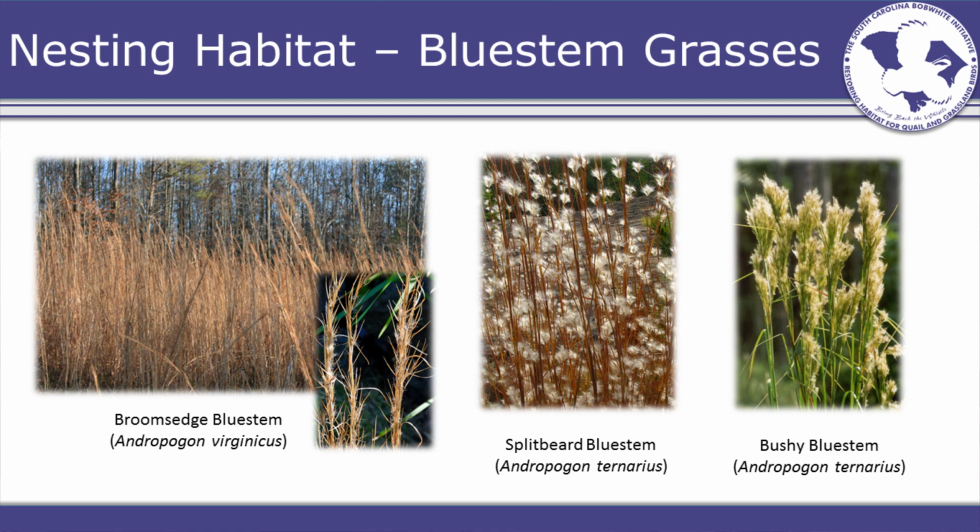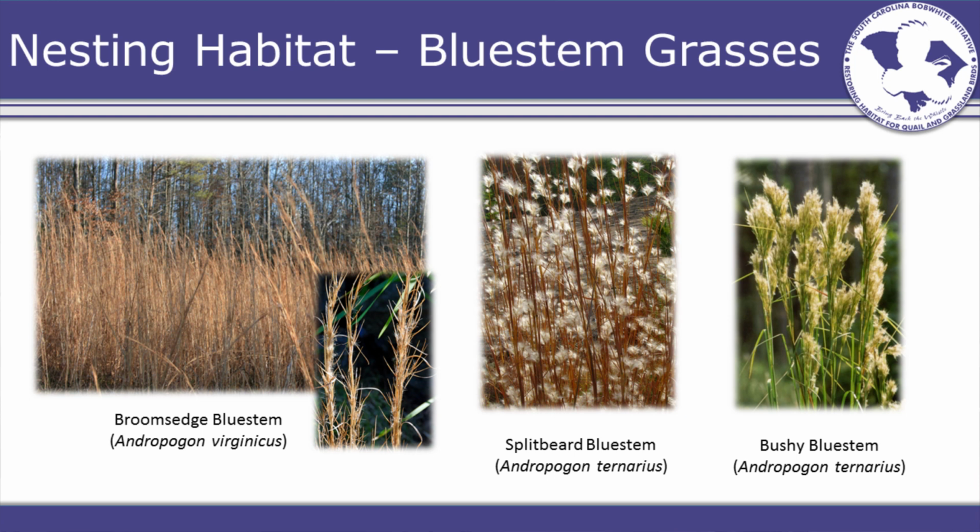But a lot of the bunch grasses that I'm talking about fall in this bluestem group. Of course, broom sedge is a freebie. It comes into just about any field where you have some type of disturbance. It produces a light, fluffy seed, and it tends to blow in, and over a period of time, it'll colonize an area that's been disturbed.